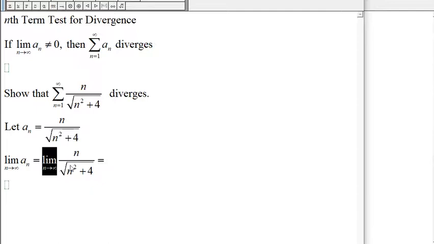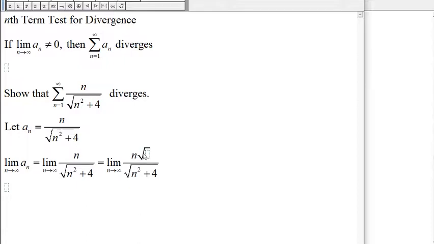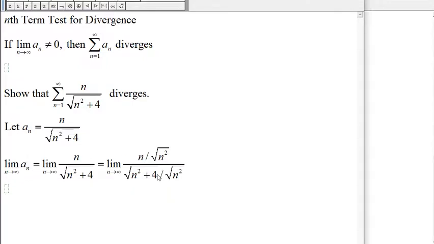To find this limit, what we can do is divide the top and the bottom by the square root of n squared. Since n approaches infinity, the square root of n squared will be just n.